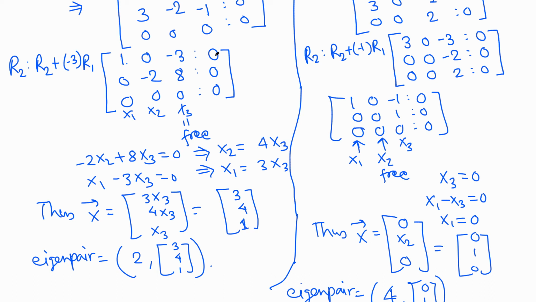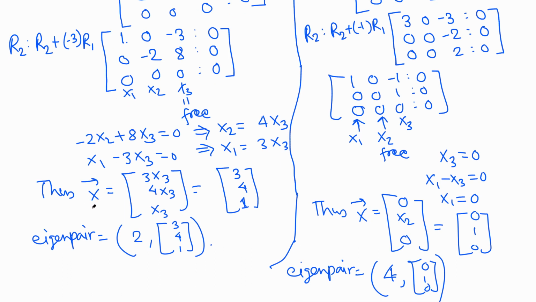Similarly, from the first row, we get this. Thus, the vector x is x1, that's 3x3, x2, x3, and we can factor x3 out. That gives 3, 4, 1.